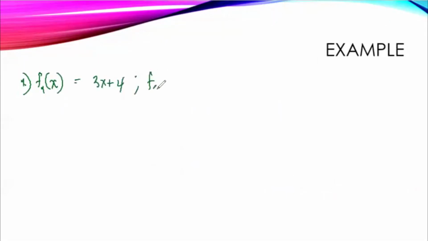Then f sub 2 of x is equal to x minus 1. And f sub 3 is equal to x squared plus 2x minus 1. Actually, we can have n functions, so more than 3 functions, but in this example, we only have 3 functions.